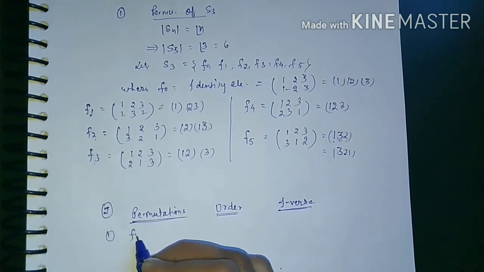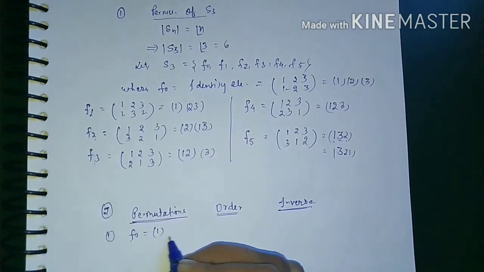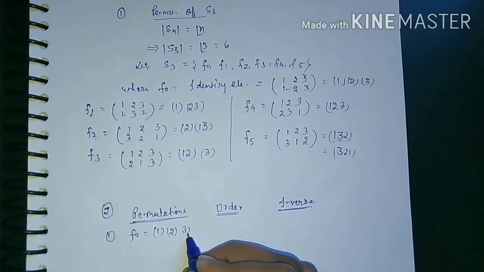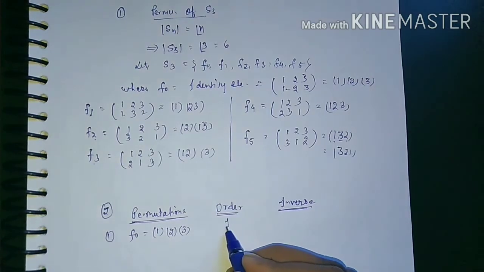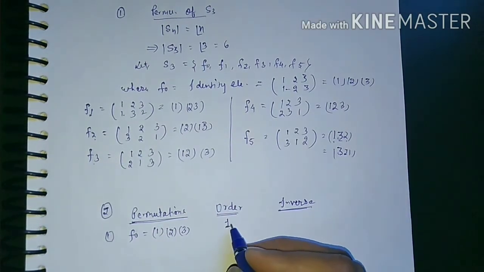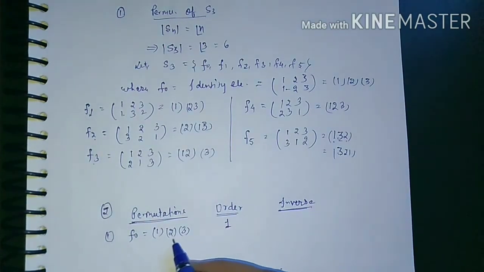The first permutation is F0, that is the identity permutation. It is equal to (1)(2)(3). We know that any identity element has order 1, so F0 has order 1. Also we can calculate it by the formula for order, that is, we take the LCM of the lengths of each individual cycle.